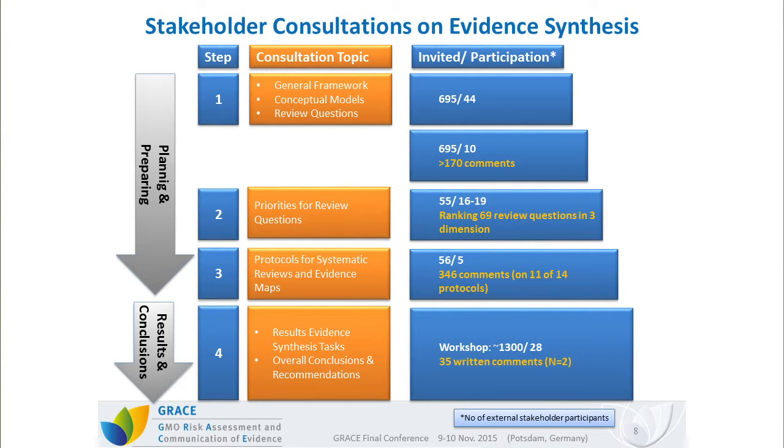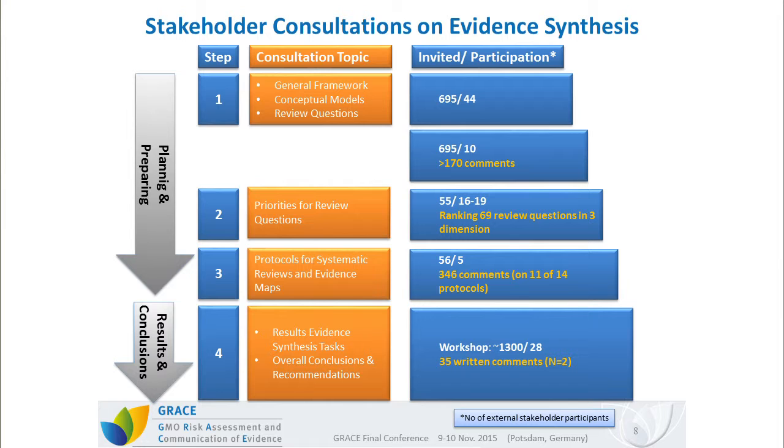Based on the selection of the most relevant questions, we then moved into the elaboration of protocols. These are detailed work plans on how to conduct the systematic reviews and the evidence maps. We also had a consultation step on that. And eventually, at the very final stage, we had a consultation step on the results of all these individual reviews and evidence maps, as well as on the overall conclusions and recommendations on the use of evidence synthesis methods in the course of GM impact assessment and research.